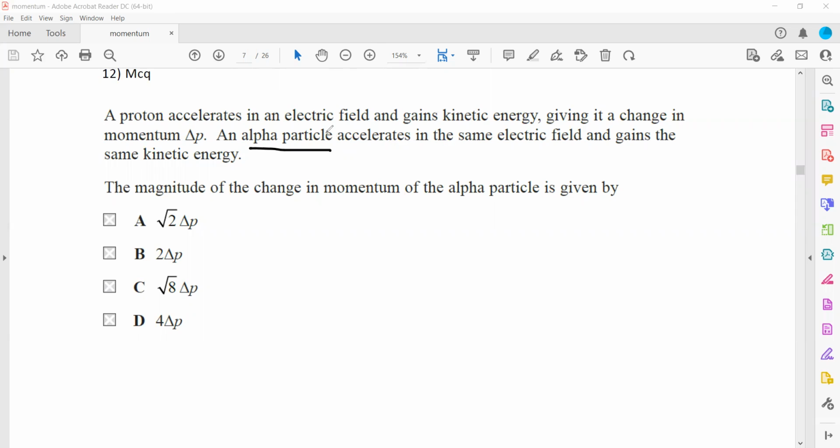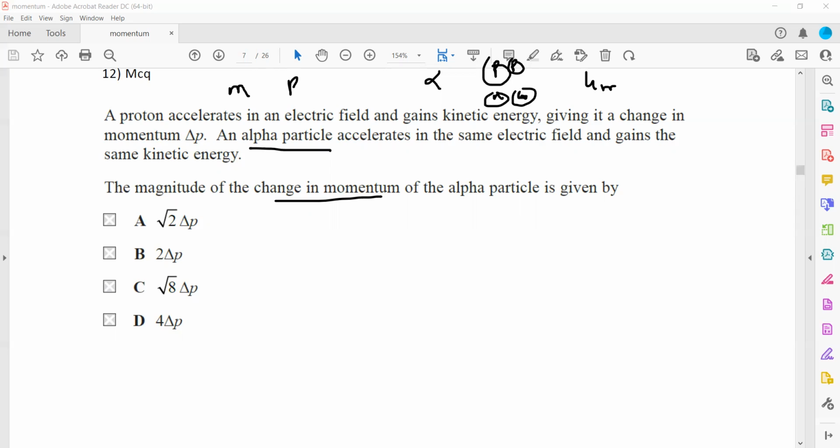Then the alpha particle. When we compare the mass of the proton and the mass of the alpha particle, because the alpha particle consists of two protons and two neutrons, its mass is 4 times. If the mass of the proton is m, the mass of the alpha particle will be 4m. The magnitude of change in momentum of the alpha particle is given by?